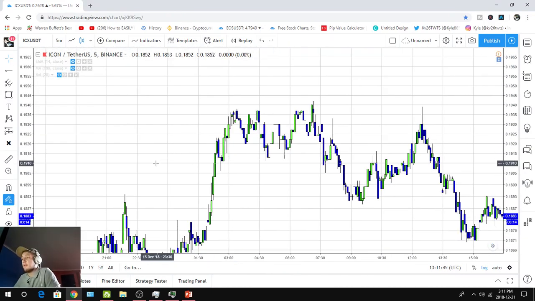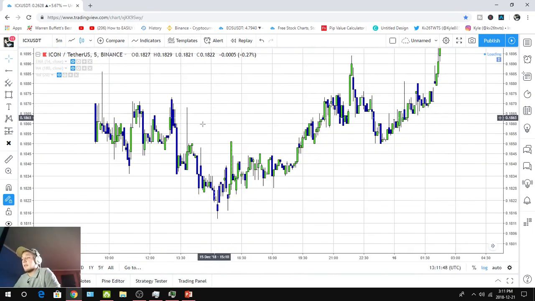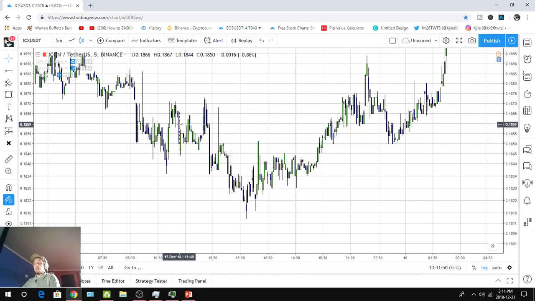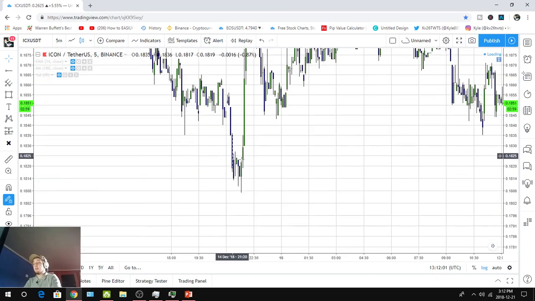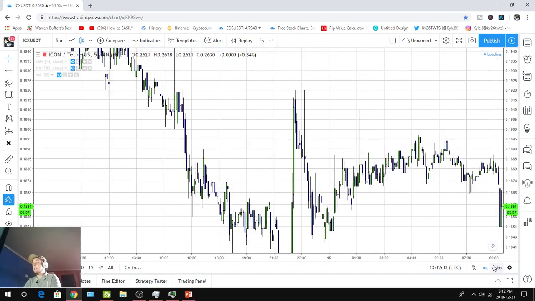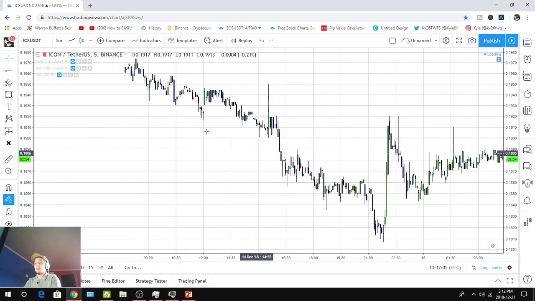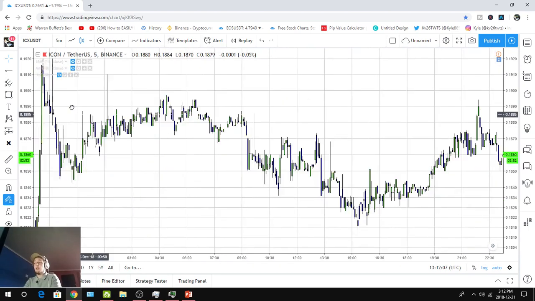It's just identifying the lows and highs, correct? We understand why support and resistance work. We understand how to identify support and resistance now, correct?